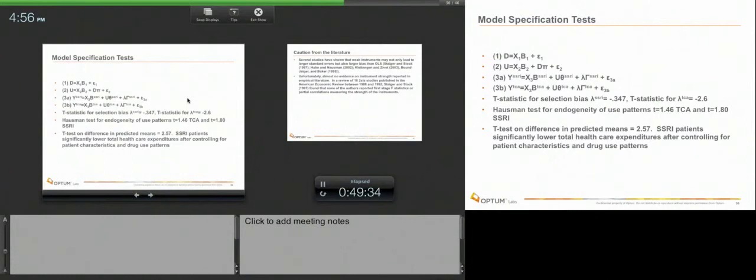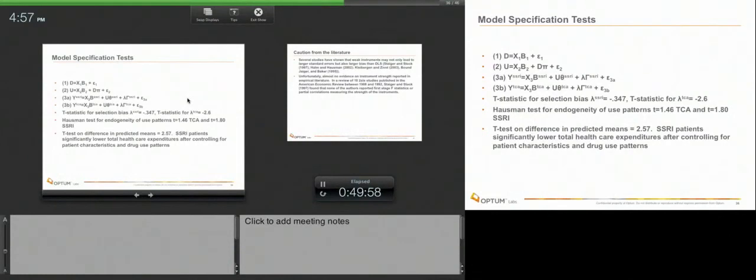So the psychiatrist would be familiar with the dosing for tricyclic patients, whereas primary care docs would be much more comfortable prescribing the SSRIs. As a result, the sicker patients tended to get the tricyclics because they were seeing psychiatrists. That was the hypothesis.